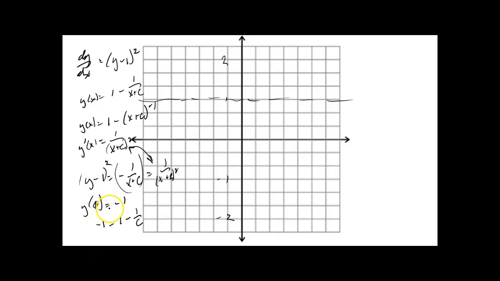Okay, so let's subtract 1 from both sides, and you get minus 2 is equal to minus 1 over c. Multiply both sides by minus, and you get c is equal to 1/2. Okay, so c equals 1/2.